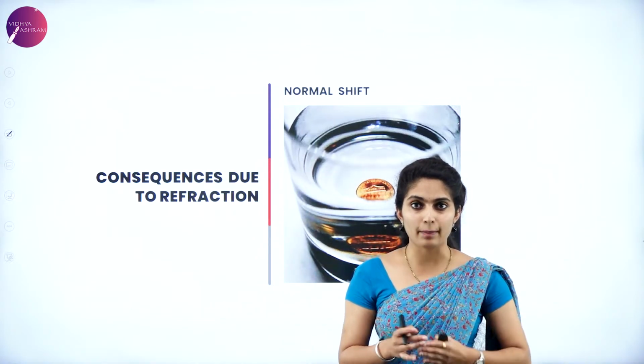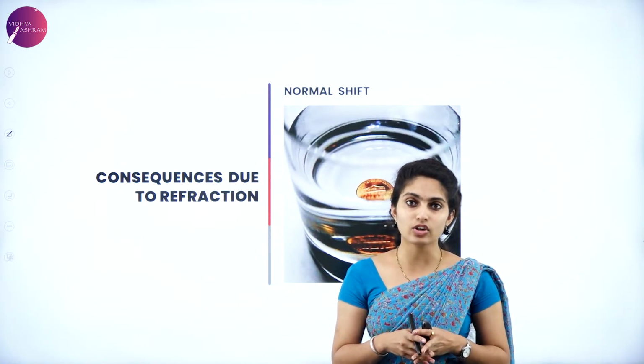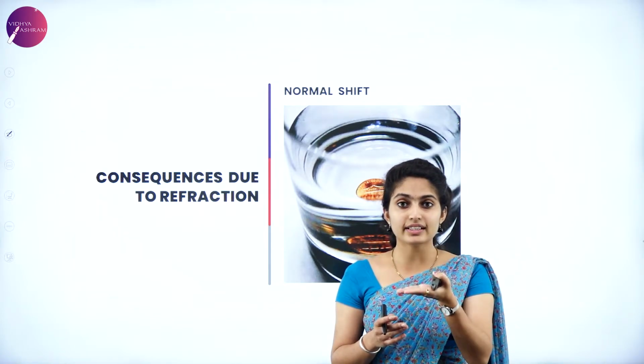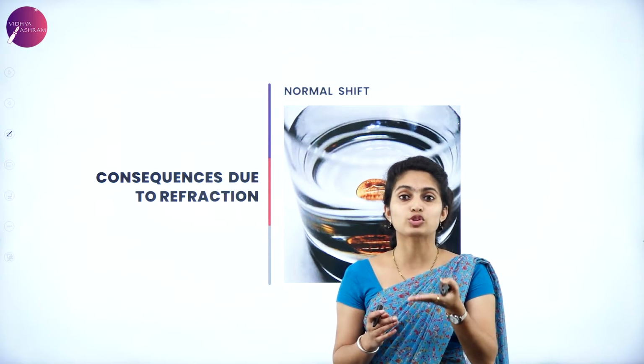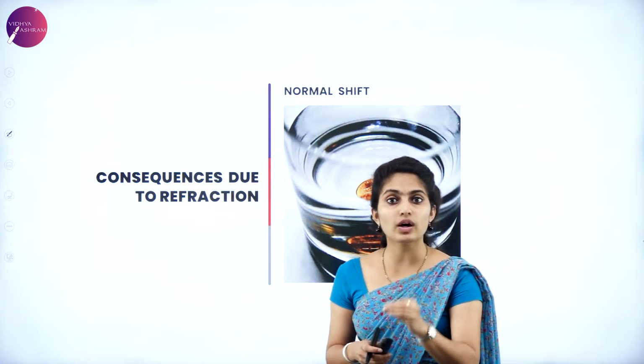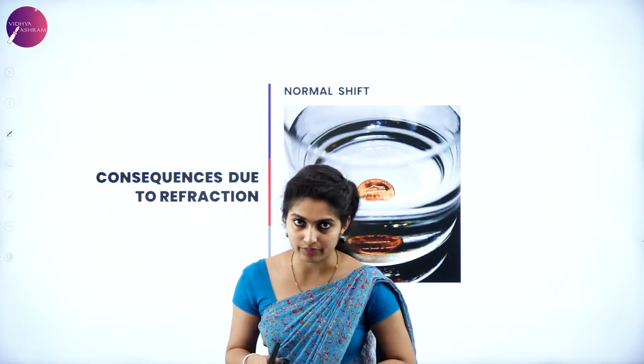When you see it from above, how do you see the coin? As if it has come a little above, it seems to be reaching you. That is how you observe a coin inside the pond.